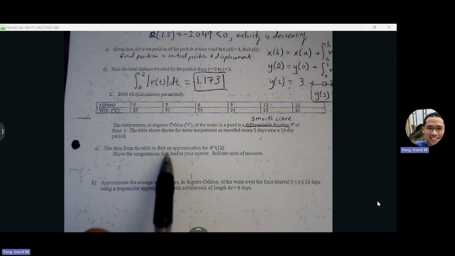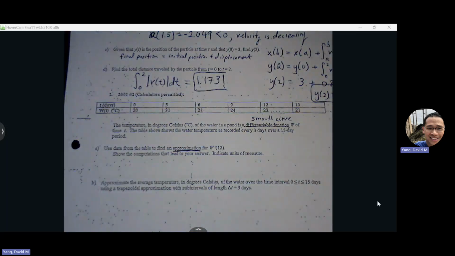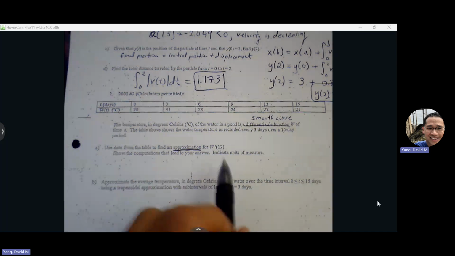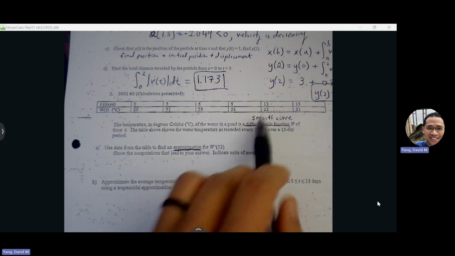Part A, use the data to approximate W prime of 12. Anytime you see the word approximation, that means no calculus features here. We're relying on algebraic features to do the approximation. So we want to approximate the derivative at 12.